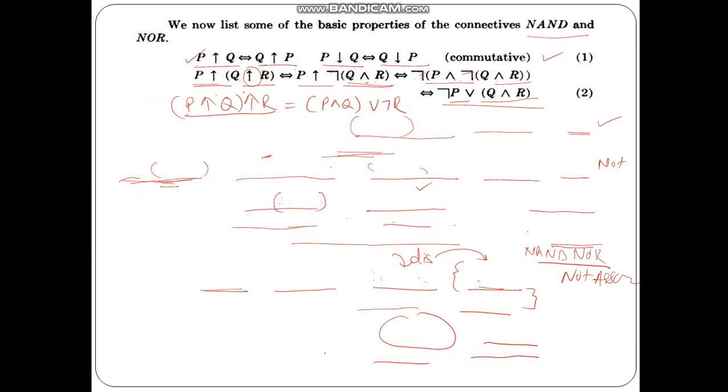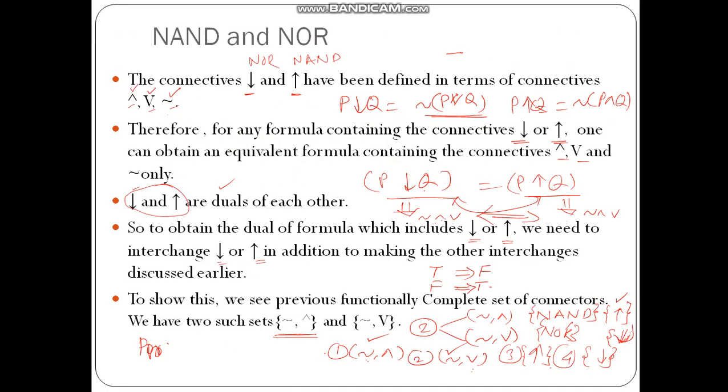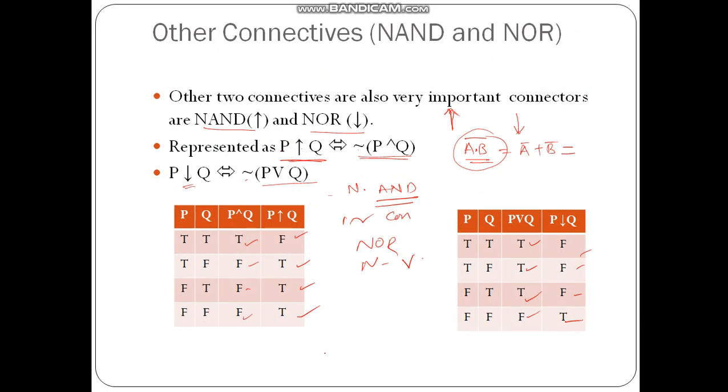I will show you this in one truth table here. So what is P NAND Q? P NAND Q is equal to these three minterms, 1, 2, 3. These three are called minterms. So what are the minterms?